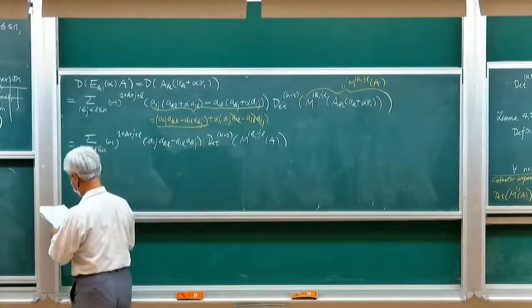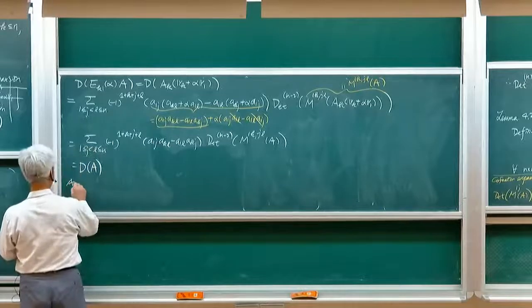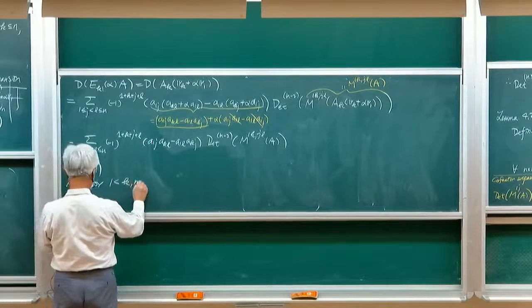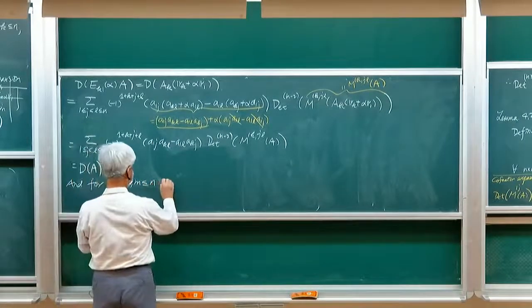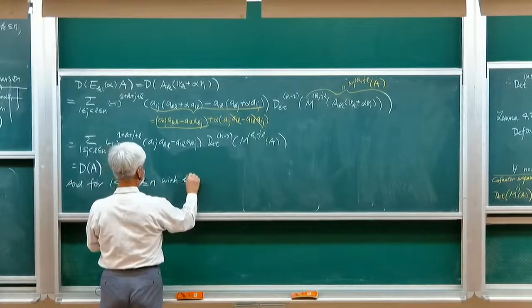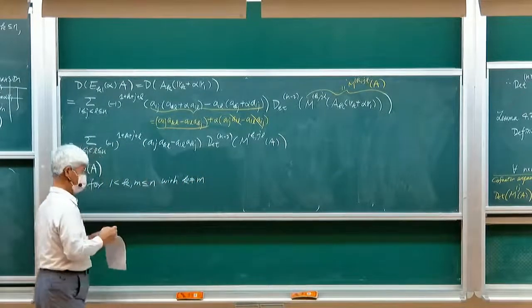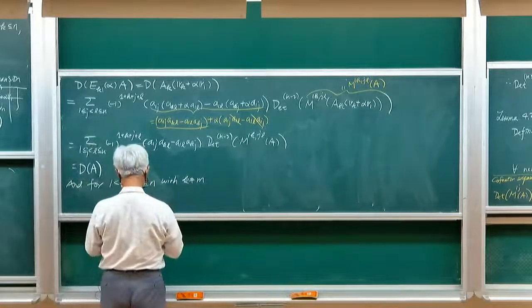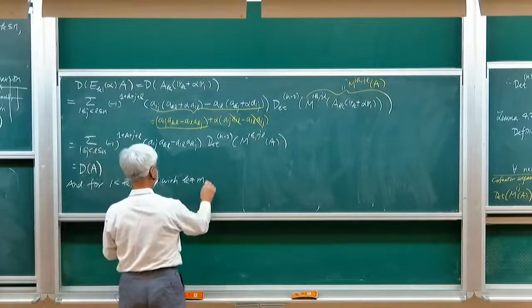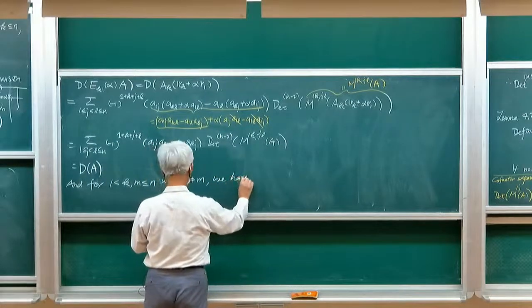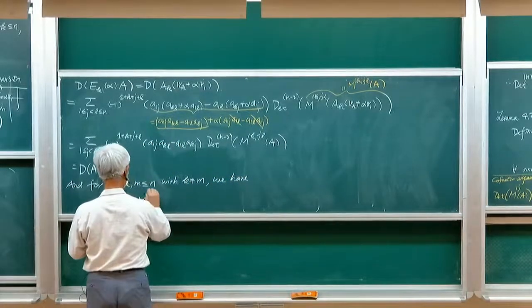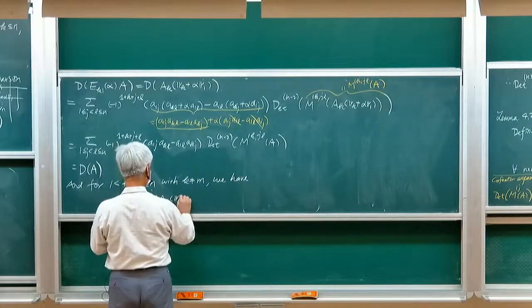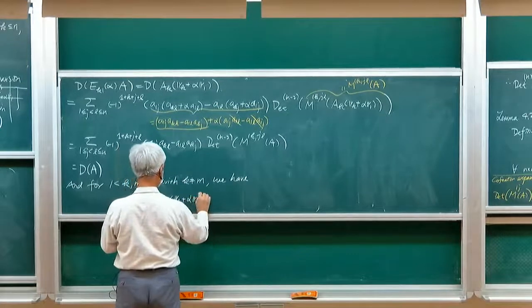Okay. Now, the last type: if the row replacement operation does not involve row 1, then we have M1J of A with row K replaced by RK plus alpha RM.